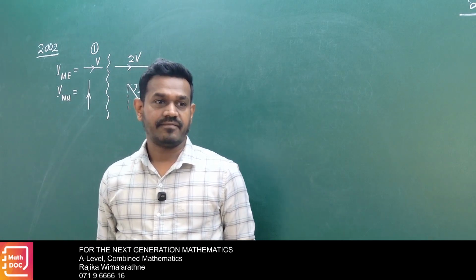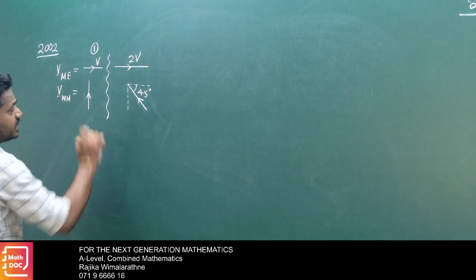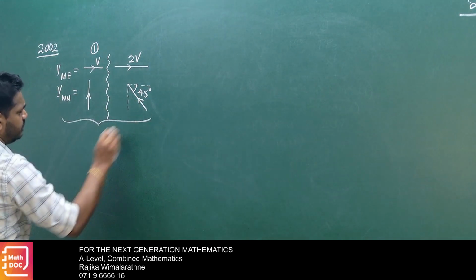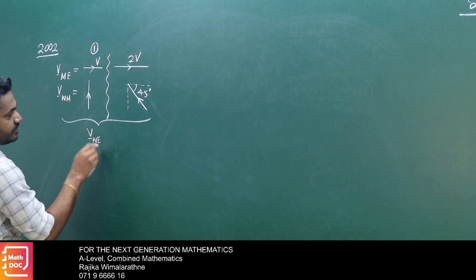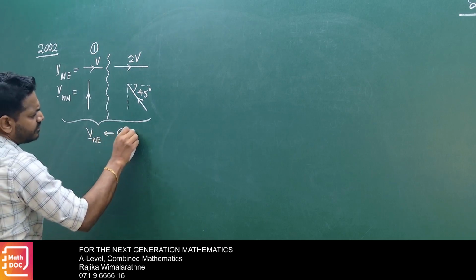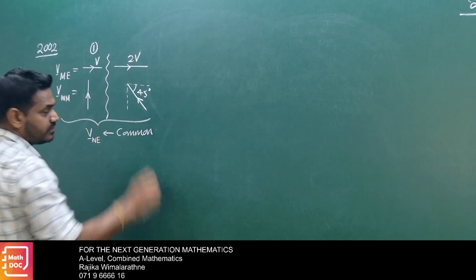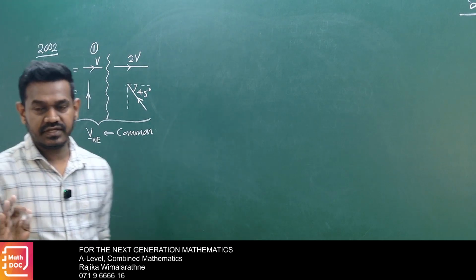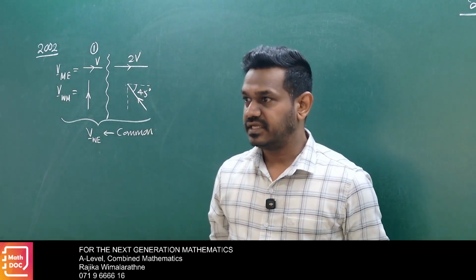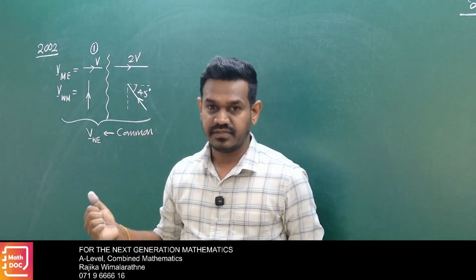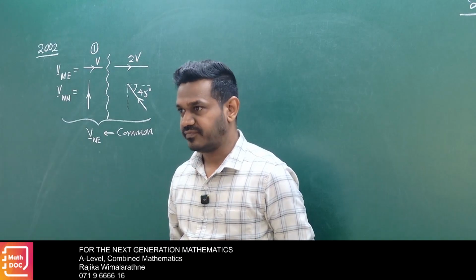Same question. Now for both cases, we know the velocity of wind with respect to earth will be common, no? This is common. That won't change. Only the magnitude of the cyclist's speed changes, then the apparent velocity has changed, but the wind velocity won't change in both cases.